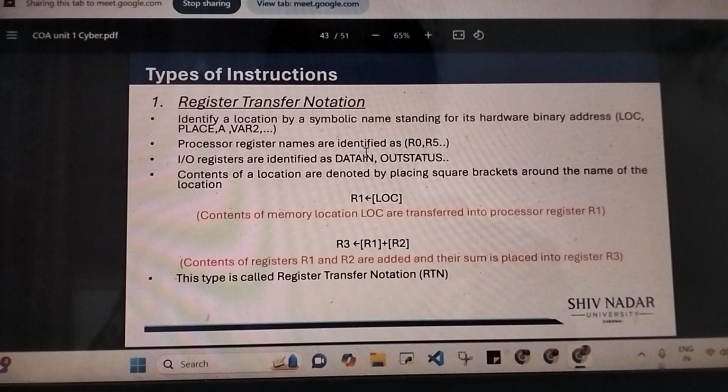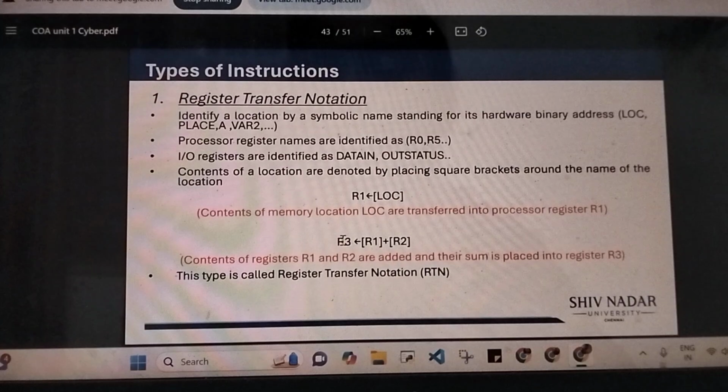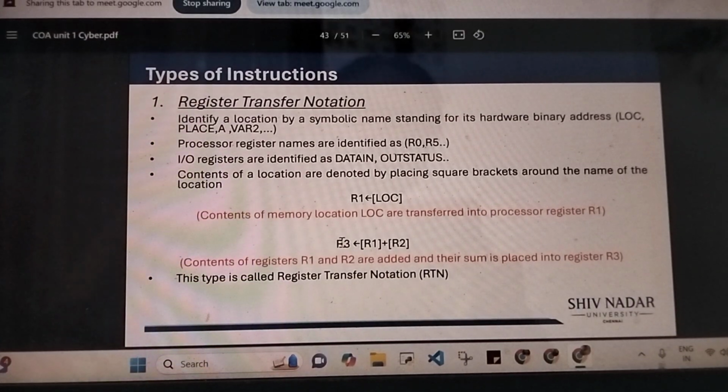The first is register transfer notation, which is something we already looked at in the first series of lectures, where you have specific notations like this arrow, capital letters to denote registers and so on. So register transfer notation essentially deals with the movement of data between registers.